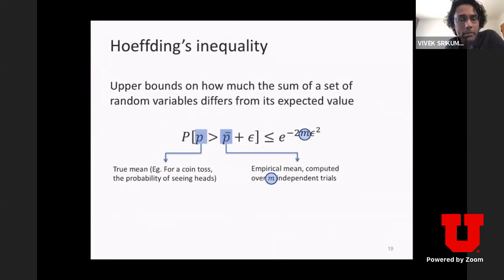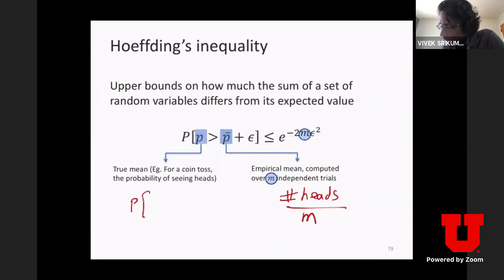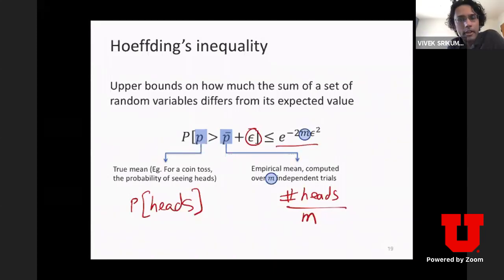P bar here is the empirical mean, which is really the number of heads divided by m. This is the probability of heads. The probability that the true mean is epsilon more than the empirical mean shrinks as e power minus 2m epsilon squared.